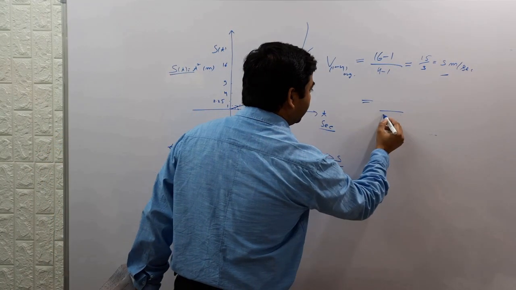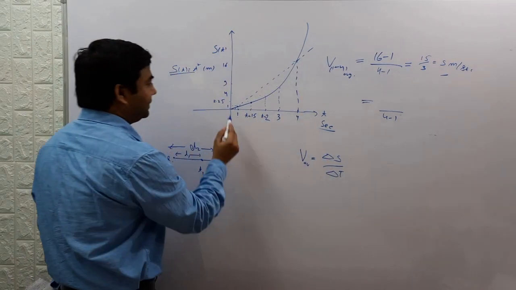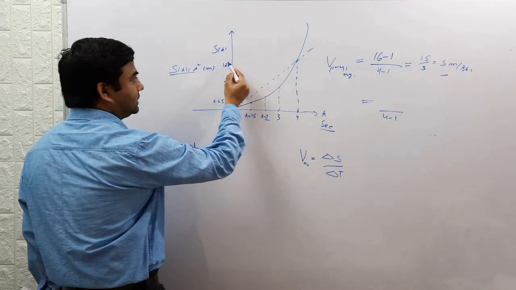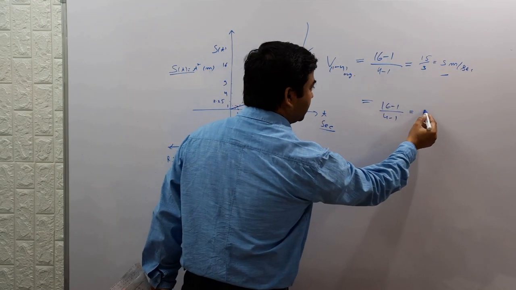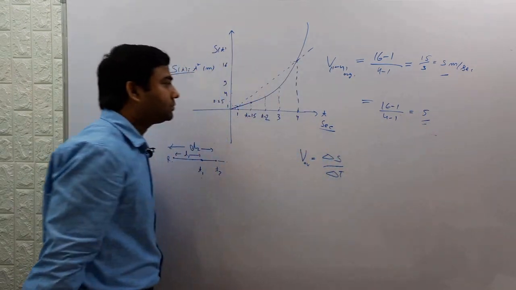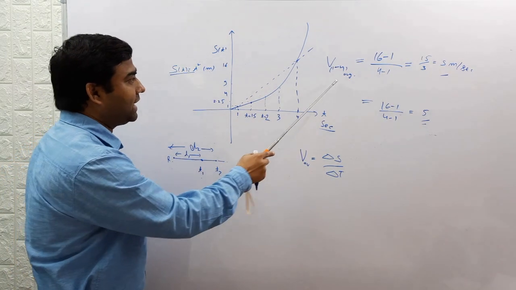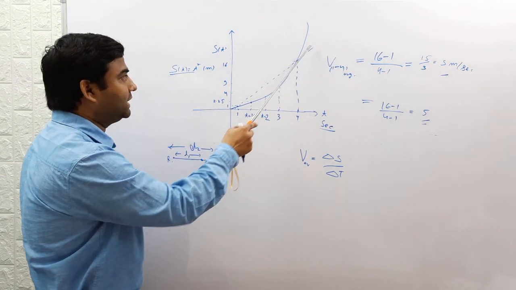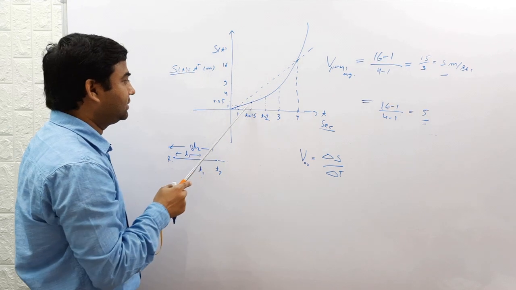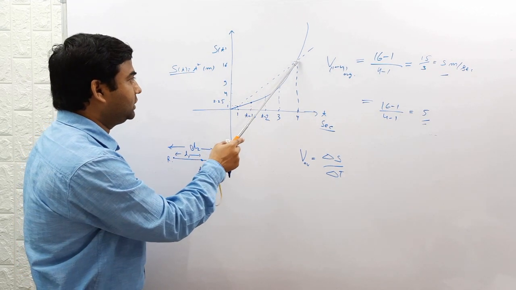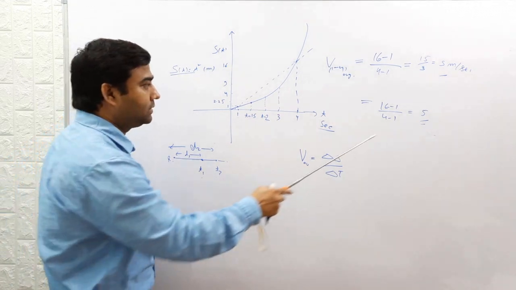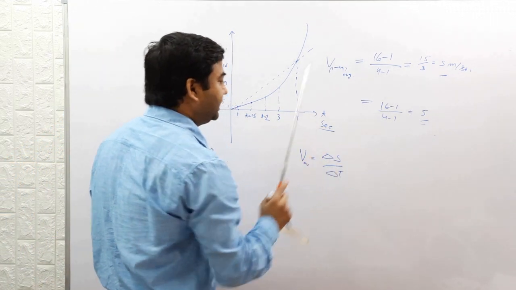Horizontal distance is 4 minus 1 and vertical distance is 16 minus 1. So that is also 5. So you can see the average velocity is equal to the gradient of this secant joining point t equal to 1 to t equal to 4.